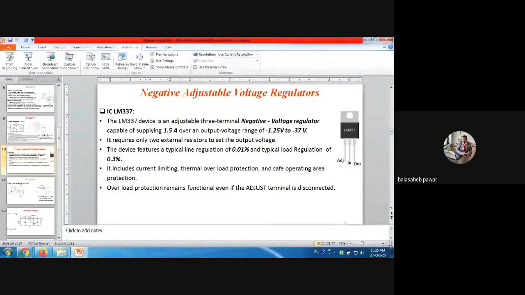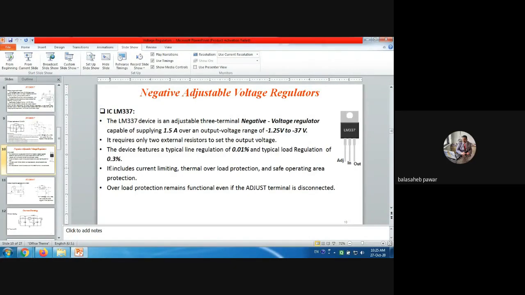So the input applied should be minimum 18 volts, and then the regulator IC can provide us the regulated output of plus 15. The same requirement is there for the negative adjustable voltage regulator. So if my desired output voltage is minus 20 volts, the minimum input applied should be minus 23.